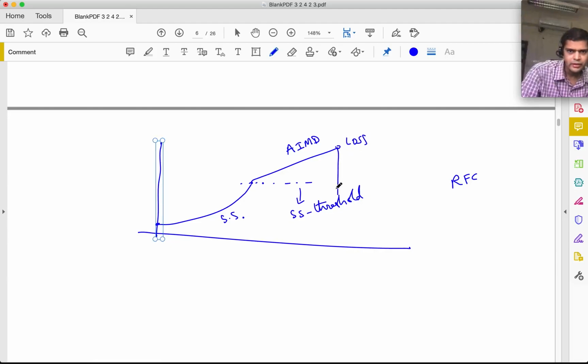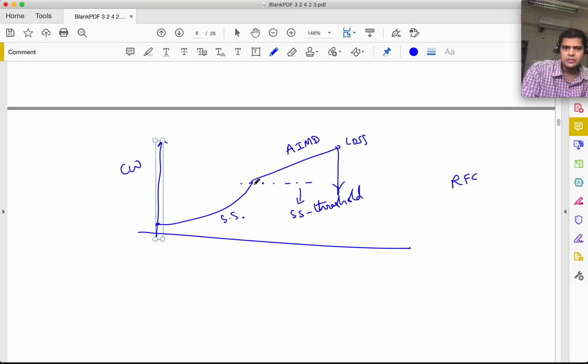So you detect packet loss and you decrease drastically. This is normally what various TCP protocols implement. First slow start, but then you have some threshold, which is some parameter set in your protocol. Initially, of course, there is some value set by the OS, but after some time, after you learn more about the path, you will change this SS threshold.